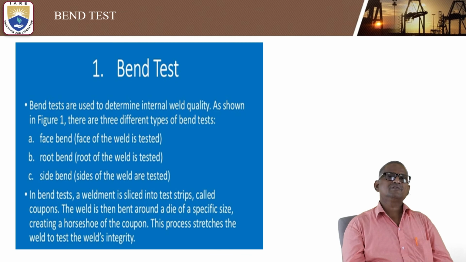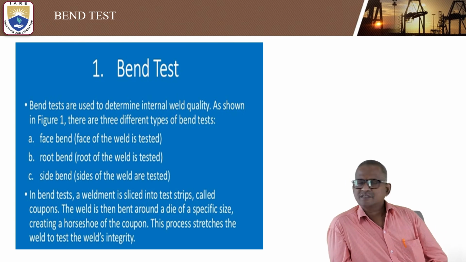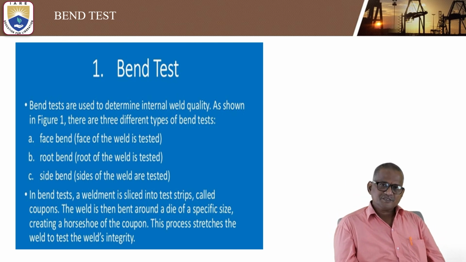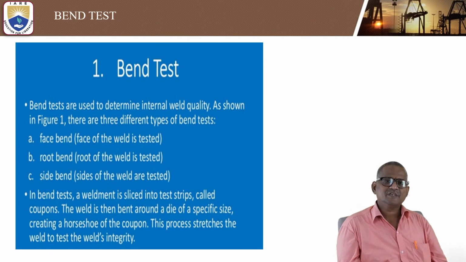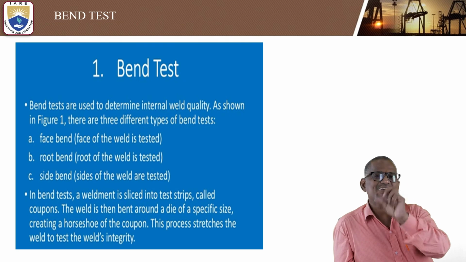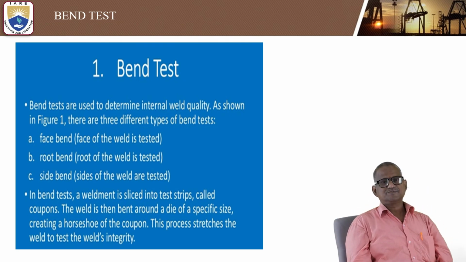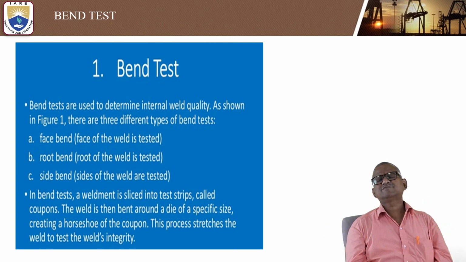There are three different types of bend test conducted in destructive testing: face bend, root bend, and side bend. For all these bend tests, a weldment is sliced into test strips. There is no need to test the whole workpiece.